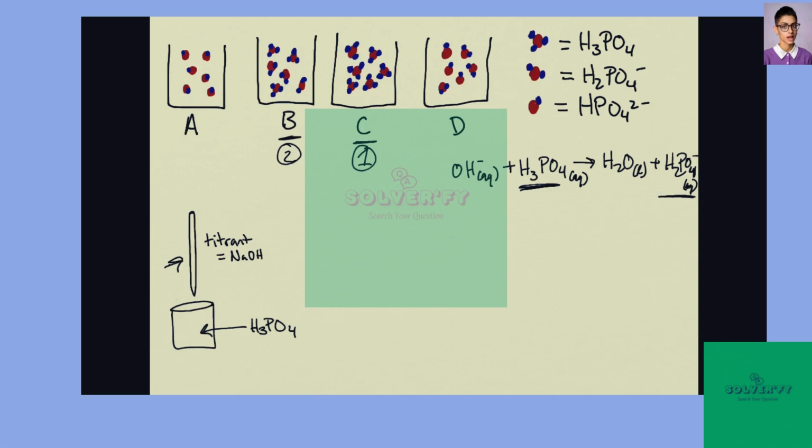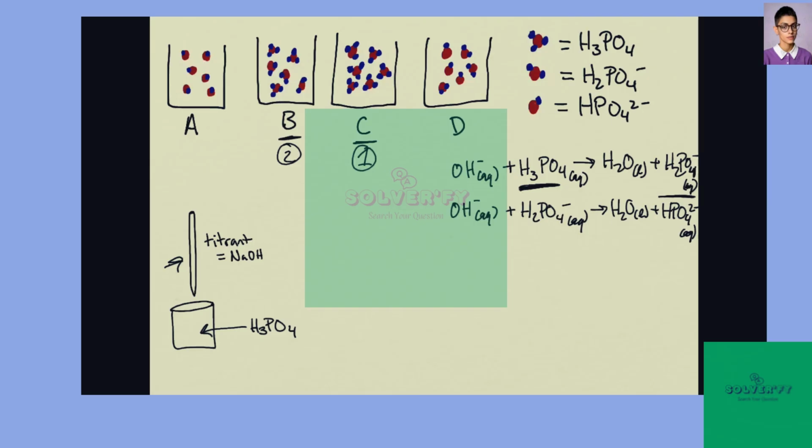If we keep adding NaOH, it will react with all of the H3PO4, and we'll eventually be left with only H2PO4-. Then the excess hydroxide will react with that H2PO4- to form more water and HPO4 2-.